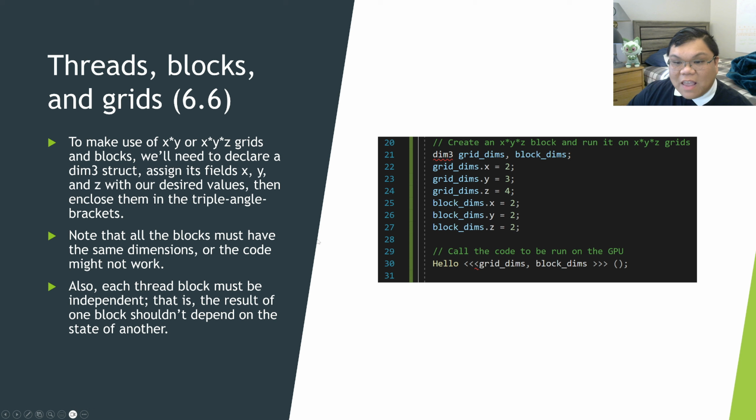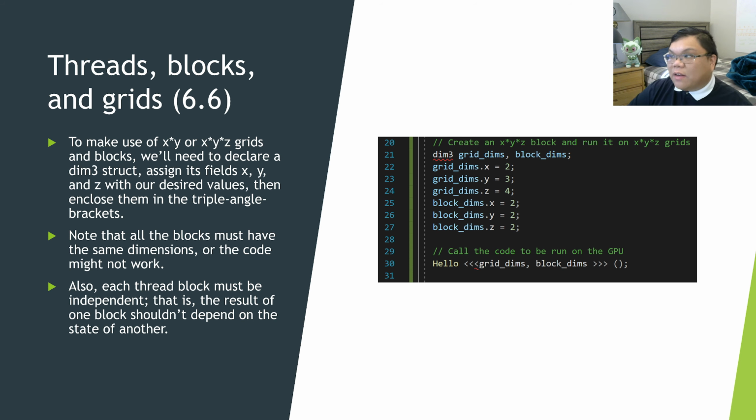For us to make use of these two-dimensional and three-dimensional grids and blocks, we need a dim3 struct, and then you have to specify the x, y, and z sizes for our grids and the x, y, and z sizes for our blocks. And then we pass these dimensions into the triple angle brackets here. So now we're not calling one block anymore.